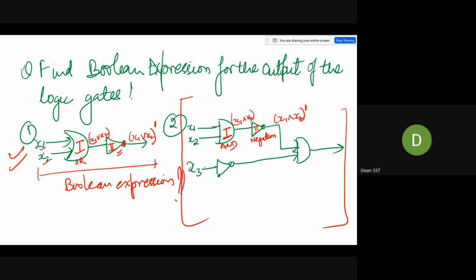Okay. See the third gate. Third gate x3, so here the output will be x3 negation. You can also write it like negation of x3. Somewhere in books you can find x3 bar, or x3 dash. You can write it in any one of the ways. No problem.